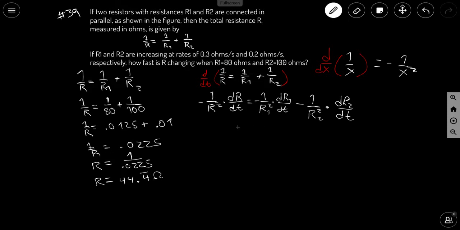All right, so from here, I'm going to isolate dR/dt, and I'm going to do that by multiplying both sides by negative R squared.